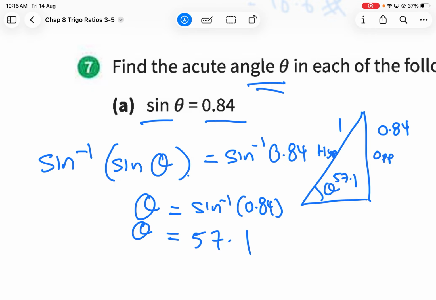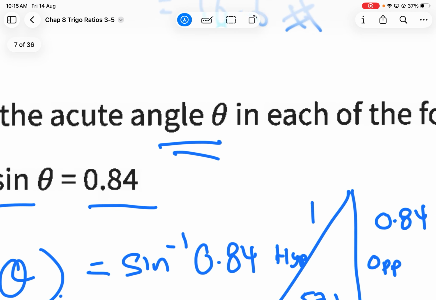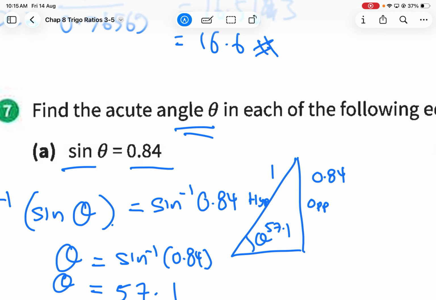Hey, everyone listen. I think I already said this yesterday, but let me say this again. What is this symbol? This symbol is called theta. Wait, let me finish. You ask, then you don't listen. Theta is an unknown, usually used for unknown angles.